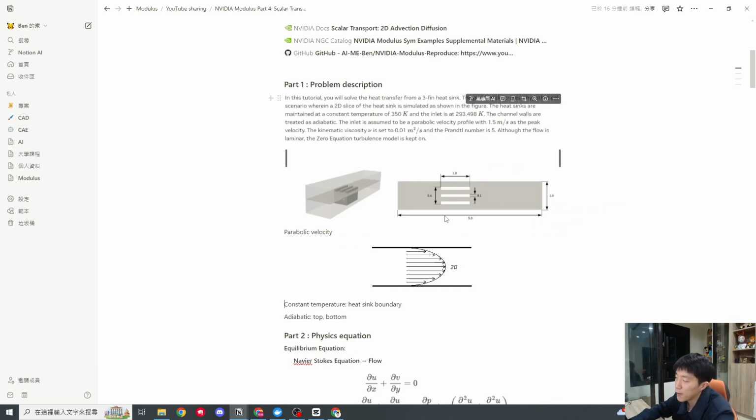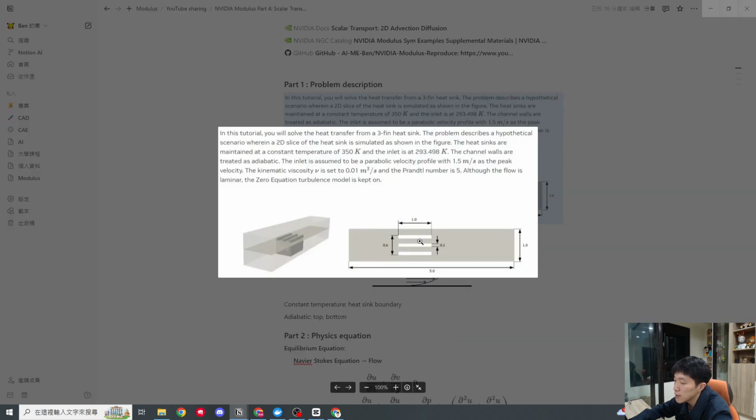Just to clarify, this is not a conjugate heat transfer problem. We won't be dealing with solid heat transfer in this case. In this heatsink, we will treat it as a fixed temperature boundary, with the heatsink fixed at 350 degrees.